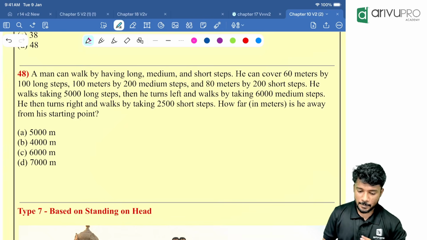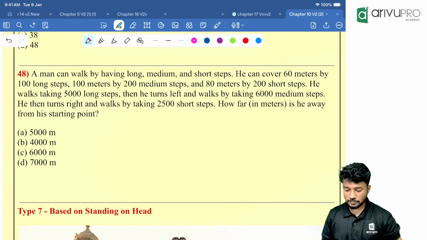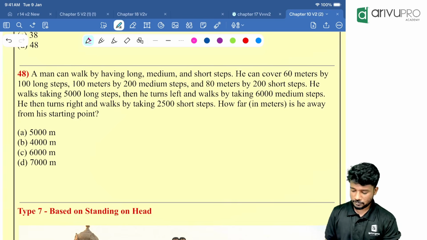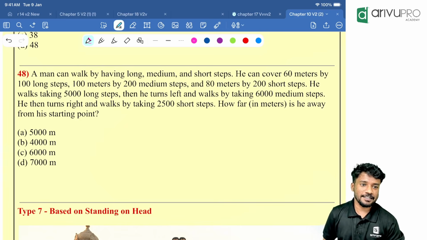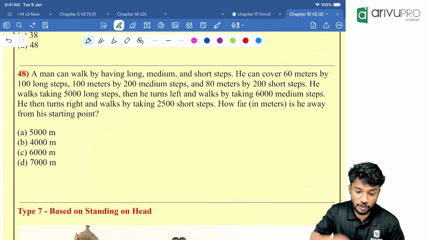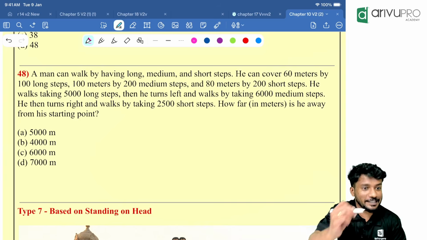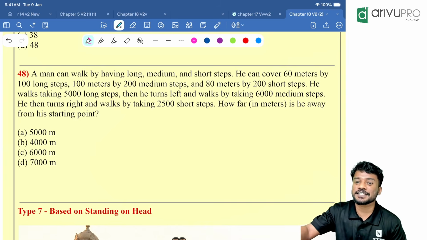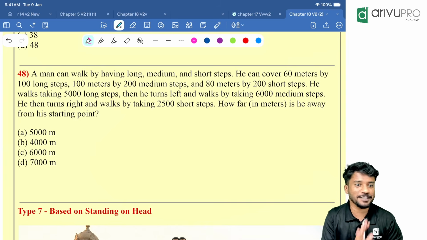Yes. Try. Come on. And one more thing, whenever you get a question based on logical reasoning, if you just look at the question paper, you will never get the answer. Take your pencil and start writing something. At least something will give you something. Okay, that's with logical reasoning.